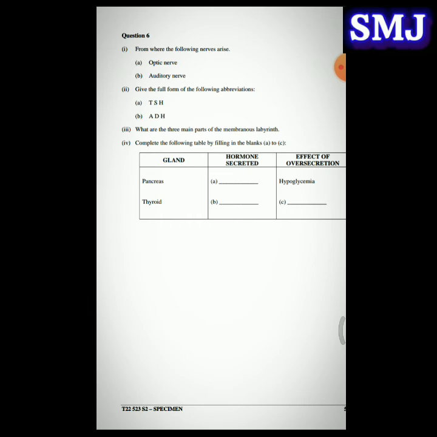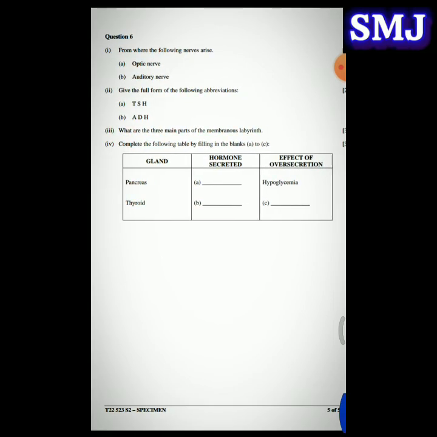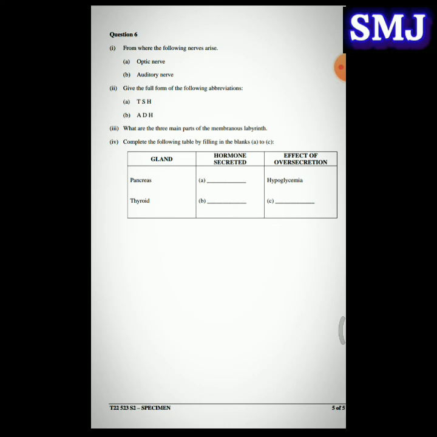Next question. Complete the following table by filling in the blanks A to C. First one, pancreas, hormone secreted by pancreas. So first A, the answer is insulin. Next, the hormone secreted by thyroid is thyroxine.